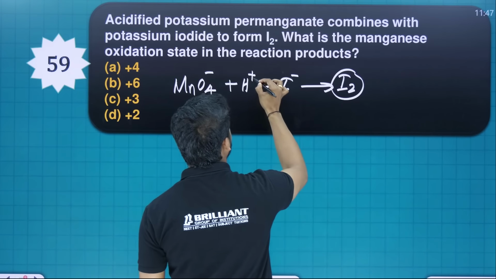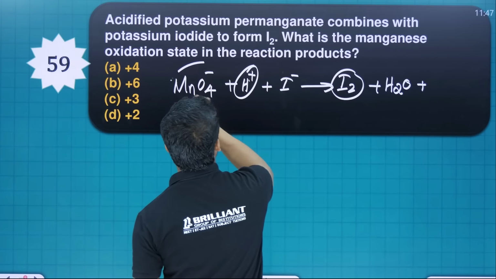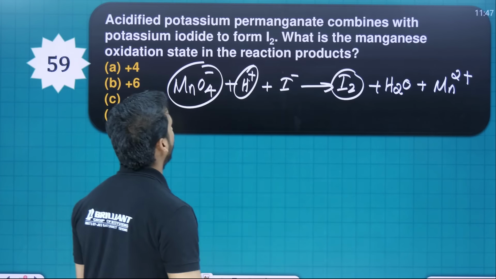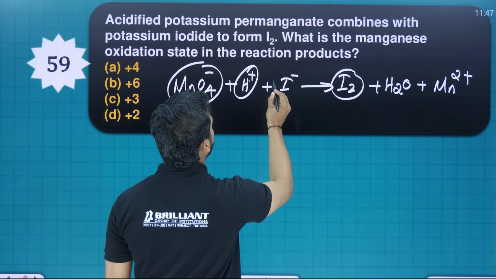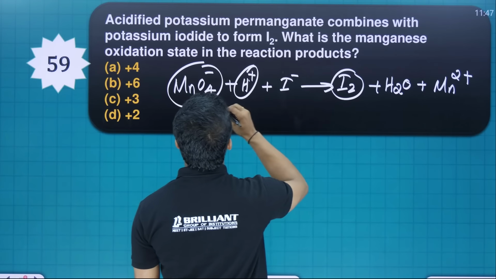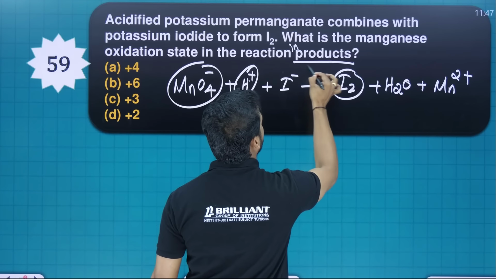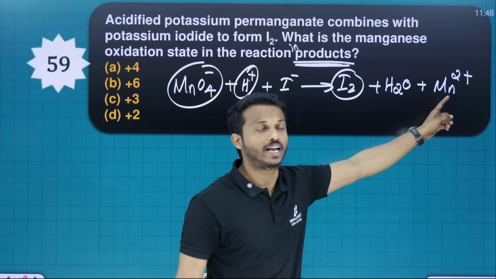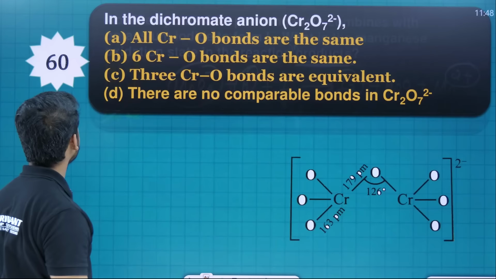I minus is converted to I2, H plus is converted to H2O, and MnO4 minus is converted to Mn2 plus. What is the oxidation state of manganese in the product? Mn2 plus, so 2 plus is the oxidation state.